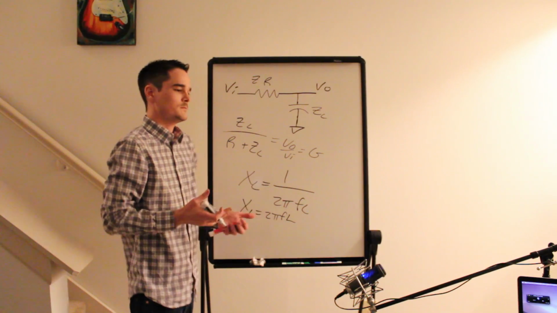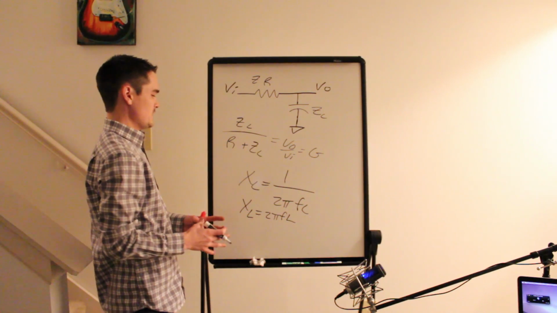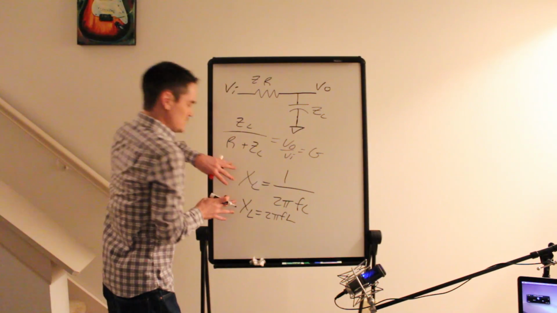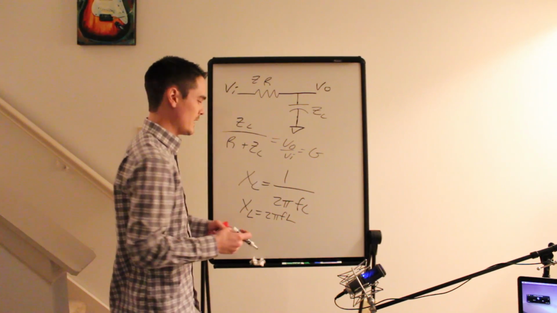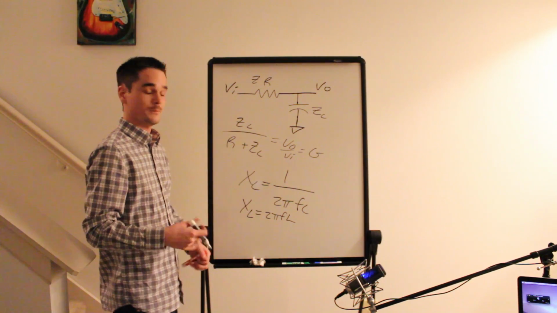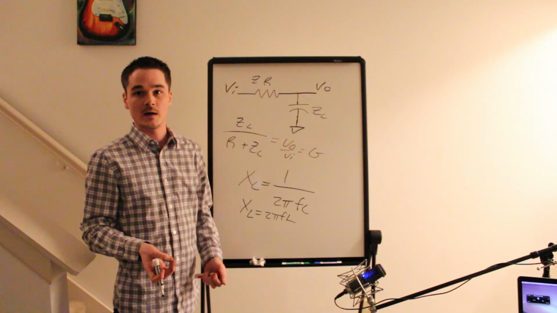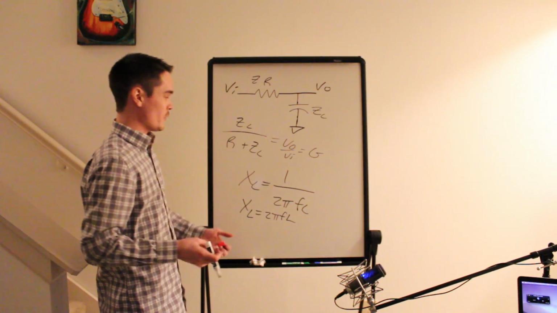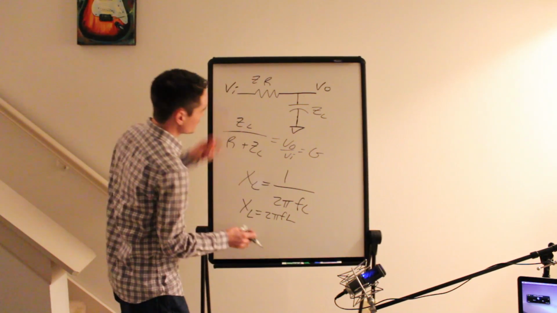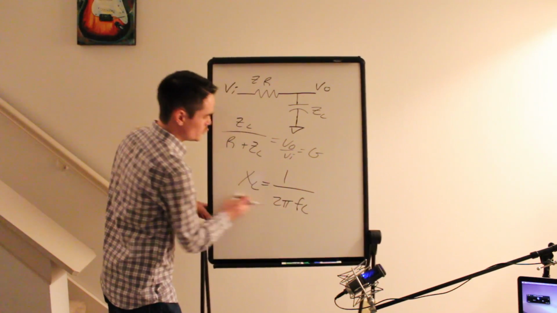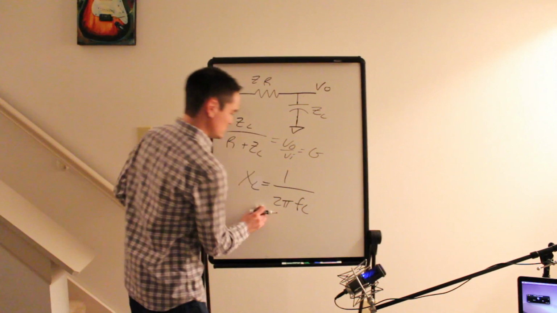Okay, there's no way to get around it. This all stems from the calculus and the hard number theory behind it, but we're not going to get into that here. That would take possibly another whole video, at least a couple hours. So memorize these things. But for this circuit, we're only going to use the 1 over 2 pi fc.